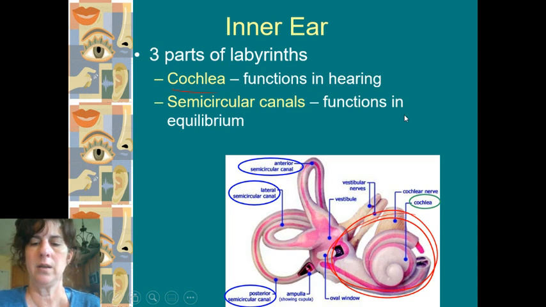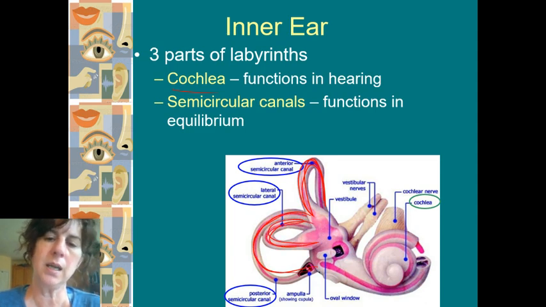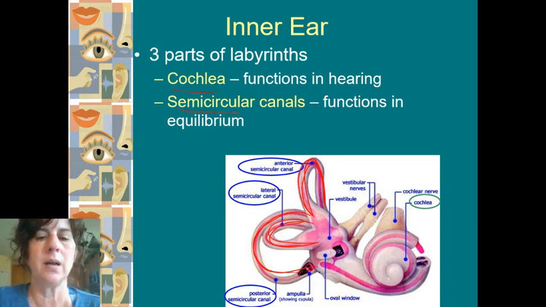Then you have the three right here, here, and here. Three semicircular canals. One of them goes at this angle, one of them goes at this angle, and then in 3D, one of them comes out in a third angle.